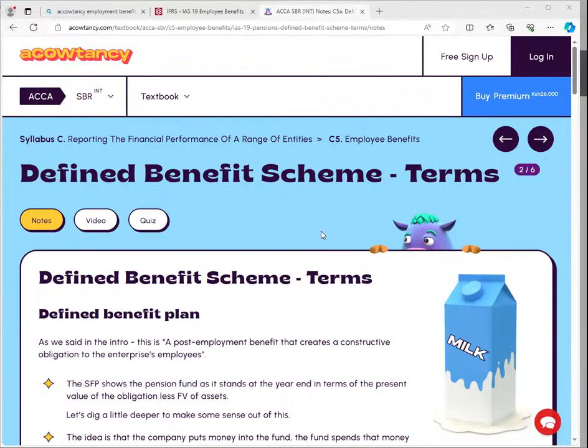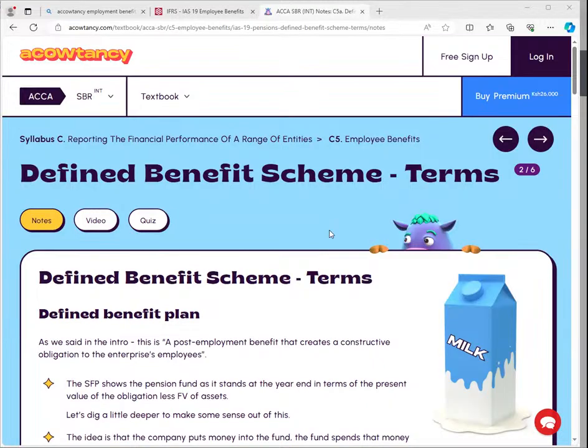So IAS 19 talks about what we call employment benefits. We are employees. As employees, of course, we expect benefits. We have short-term benefits, our day-to-day benefits, salary. But at the end of the day, we expect long-term benefits in the form of what we call pension.